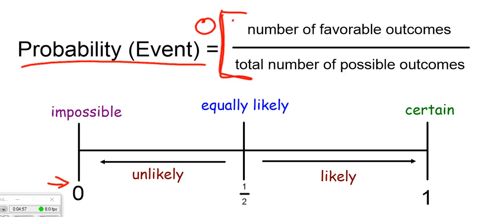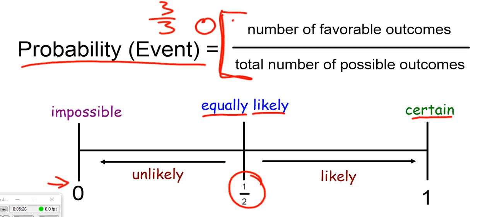It is impossible for that event to happen, right? The other end would be if I get a fraction, let's say it's 3 out of 3 possibilities, right? It's guaranteed. It is certain that it's going to happen because there's that 1 when it comes to it. Now if I get a fraction that's a half, it's equally likely to happen as to not happen, right? Right in the middle.